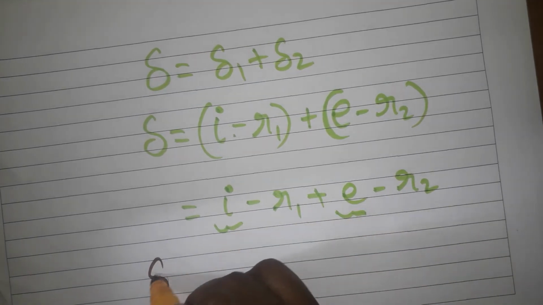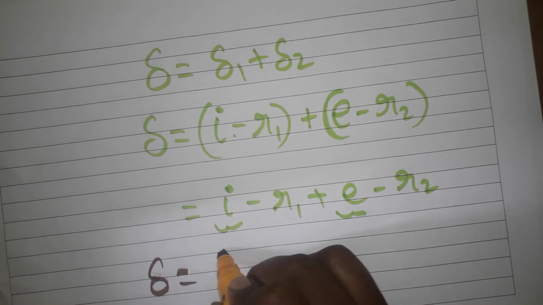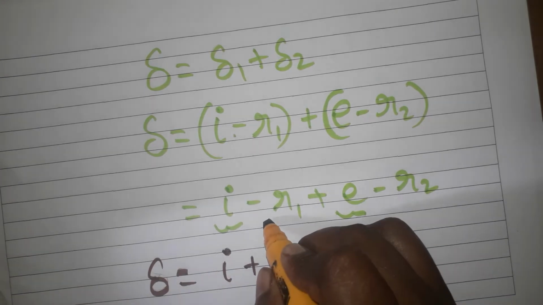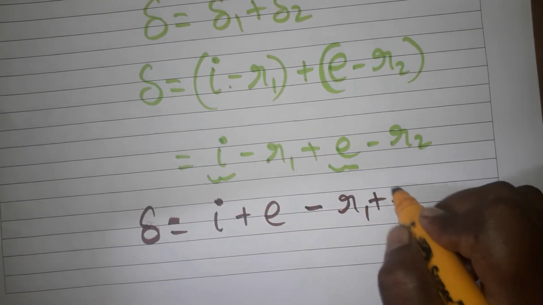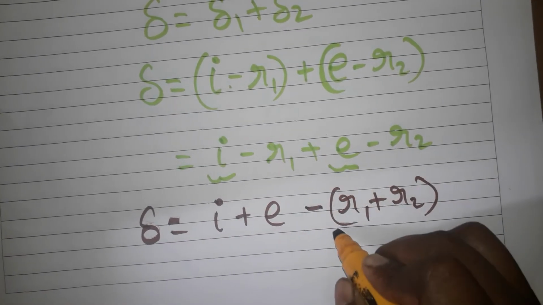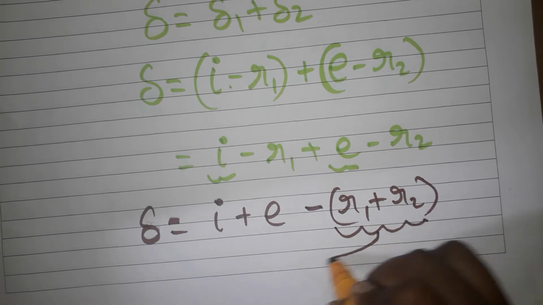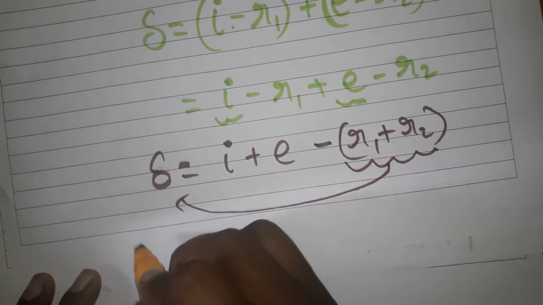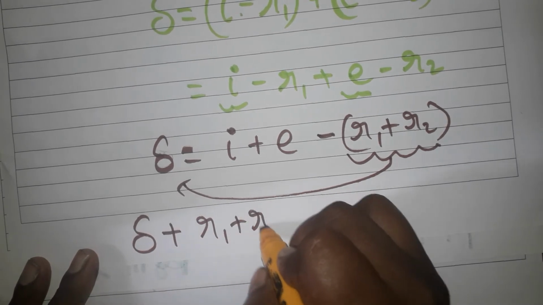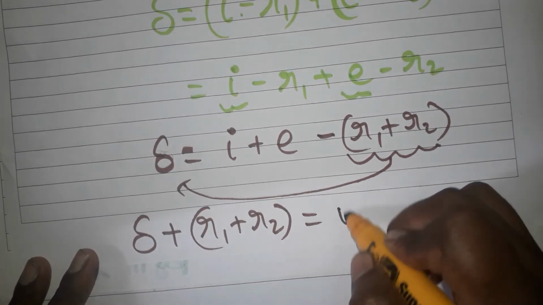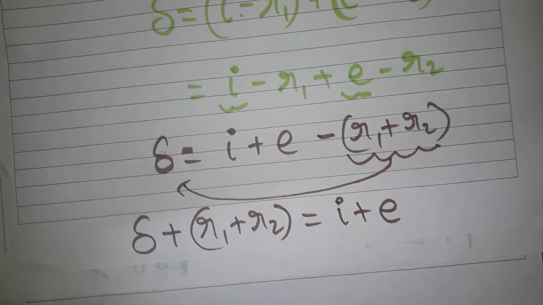See here, total deviation is equal to I plus E minus R1 minus R2. I take the minus common outside, so minus (R1 plus R2). From the left hand side I bring this to the right hand side. So total deviation plus R1 plus R2 is equal to I plus E. Next, I just simplify.